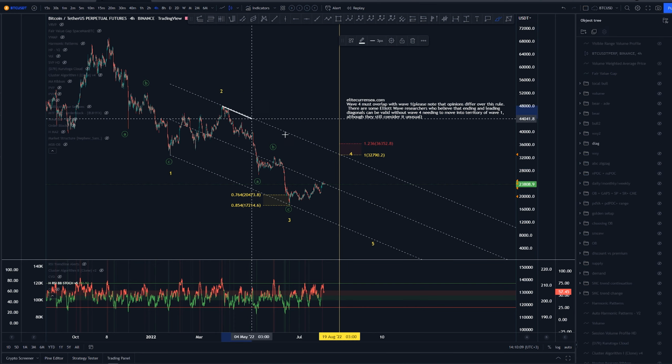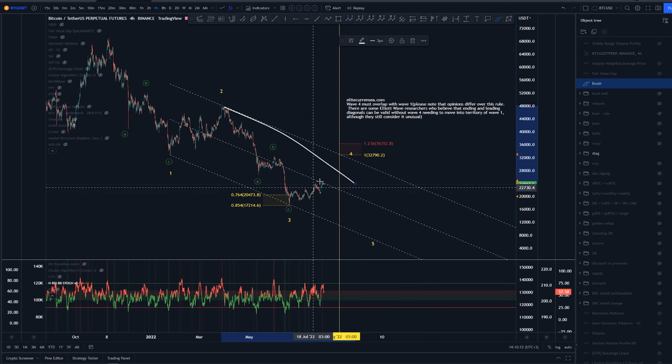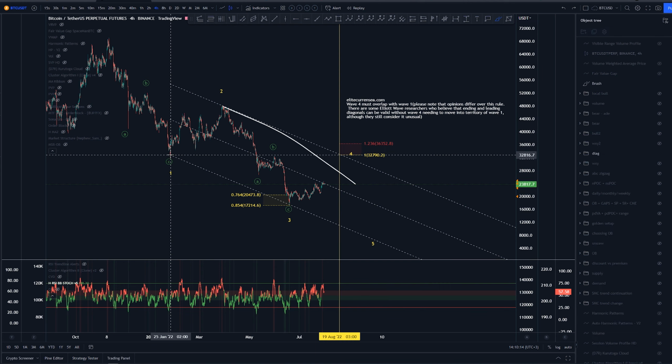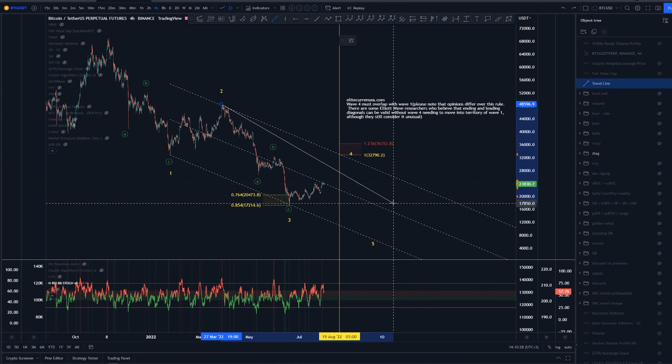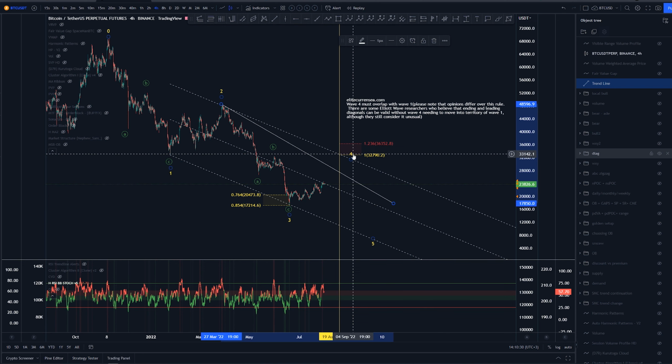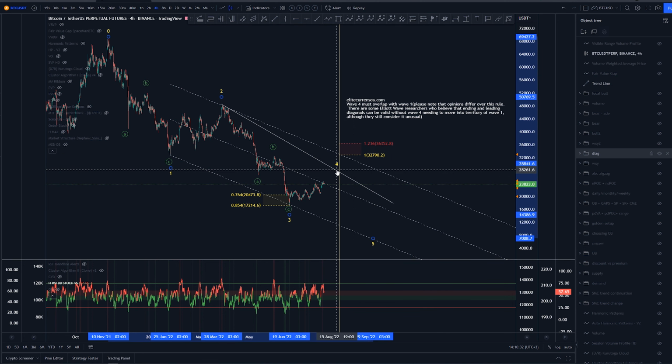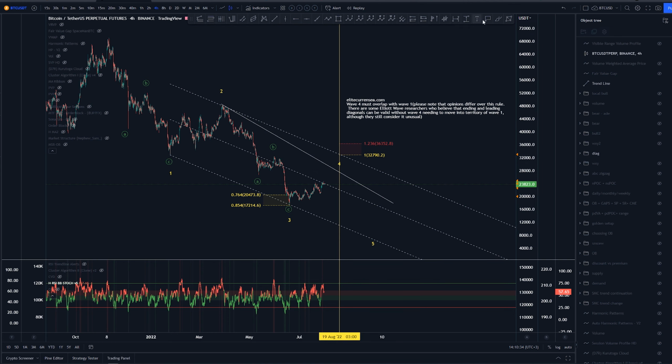In this case, however, if the wave 4 would get into wave 1 territory, we would be right at that 1-to-1 extension of this wave 2 for the wave 4. So at that point, we would no longer have this diagonal as a possibility. So although I don't really like the idea, if we want to have any of this contracting diagonal look and feel for this wave count, this is how we would need to do it.